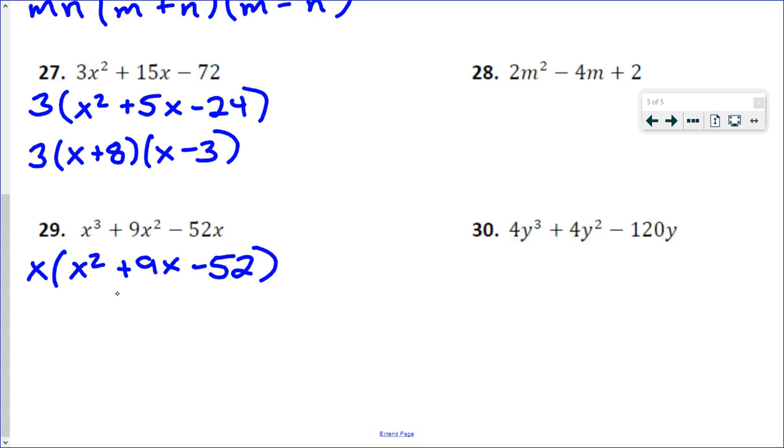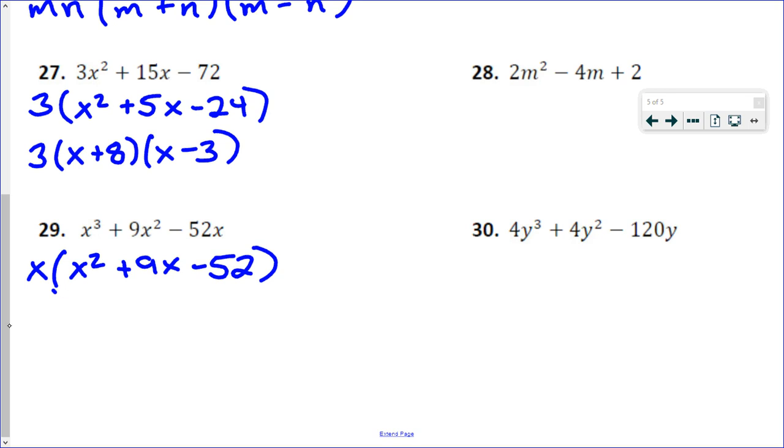So what happens if I do 52 divided by 3? Oh, that's a decimal. About 52 divided by 4. That's 13. So 13 times 4 makes 52. So positive 13 and negative 4.